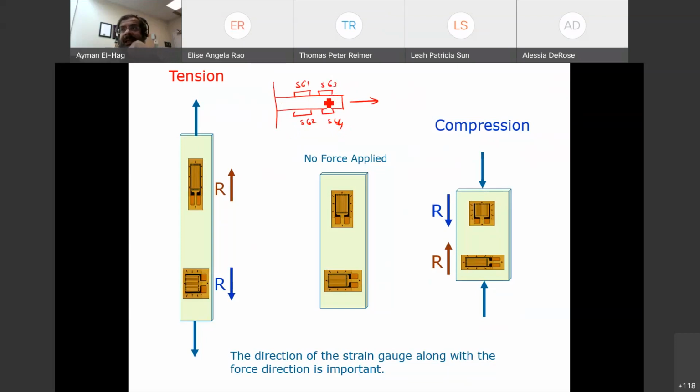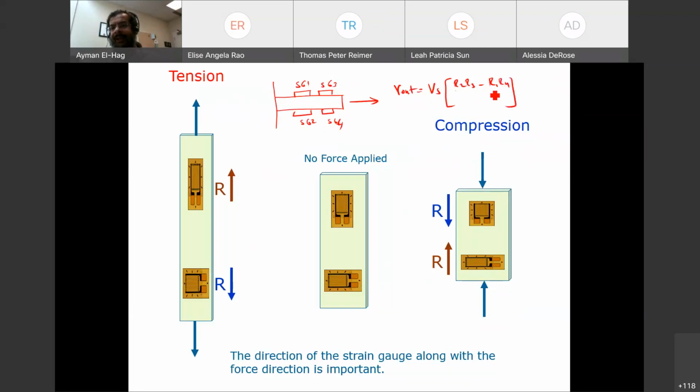And if this is the case, then I will get 0 voltage, because I always, you notice now, always wanted that some of the strain gauge will give me R plus delta R, and some will give me R minus delta R, because the formula that we have, V out is equal to Vs times R2 R3 minus R1 R4.